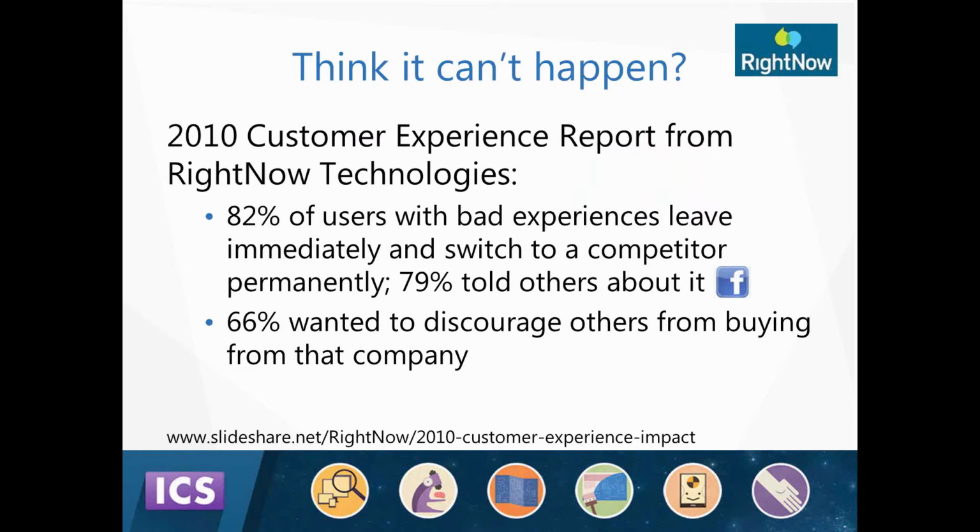If there's a competitor out there, they will switch right over to them. Even more disturbingly, people like to complain. Go figure. 79% of them actually went to the effort of telling other people about it, whether it was by Facebook or tweeting or whatever it might be. 66% of them were even more vindictive. They wanted to actively discourage other people from buying from that company.